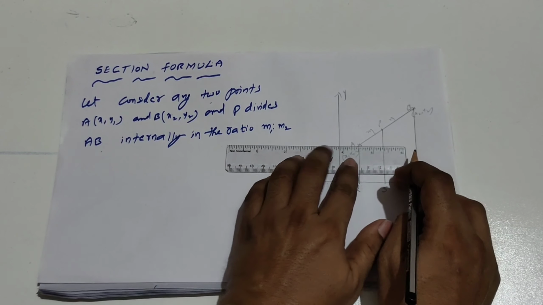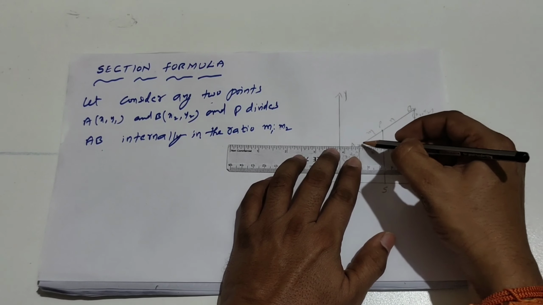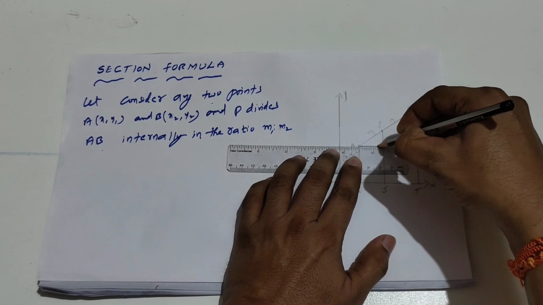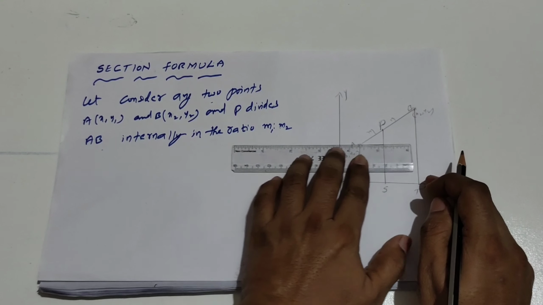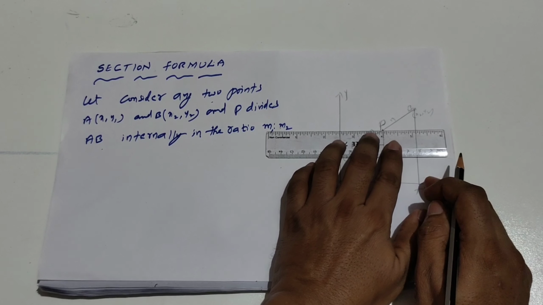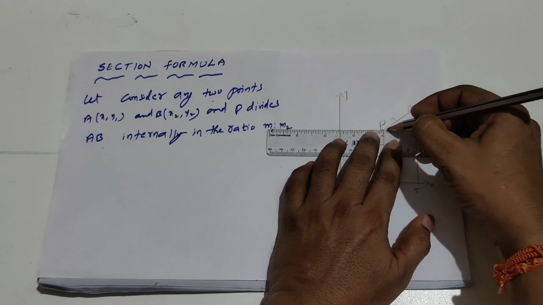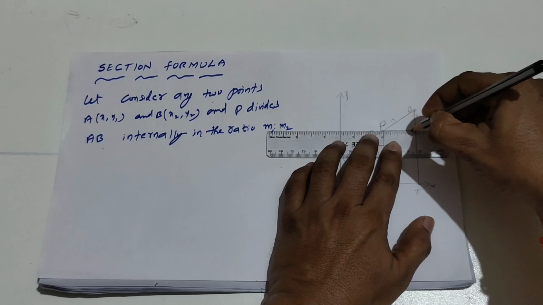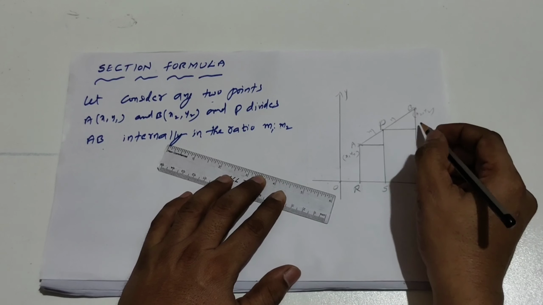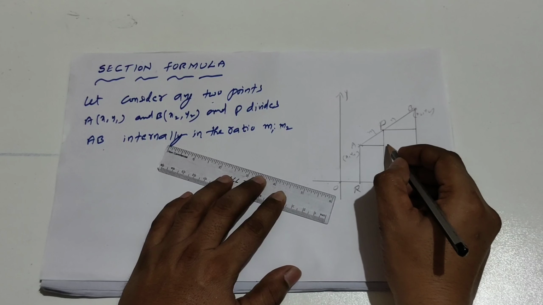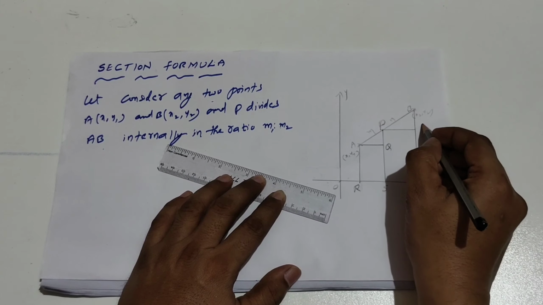Now again draw the perpendiculars from A to PS and from P to BT. Here we can take them as AQ and PC.